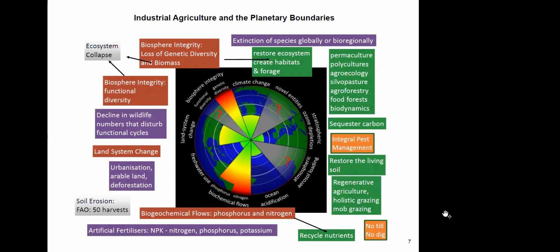So next I'd like to look right down at the bottom at the biogeochemical flows, which you can see are phosphorus and nitrogen. Now this is very serious as well, and it's due to the use of artificial fertilizers, which are called NPK, nitrogen, phosphorus and potassium.